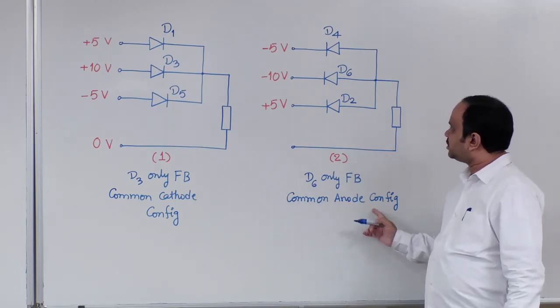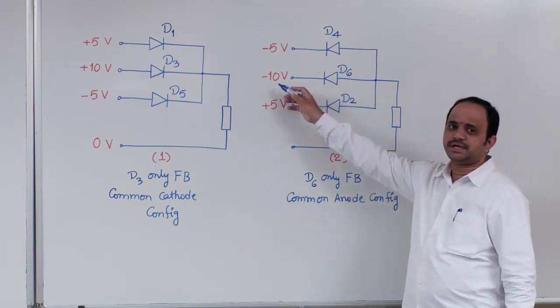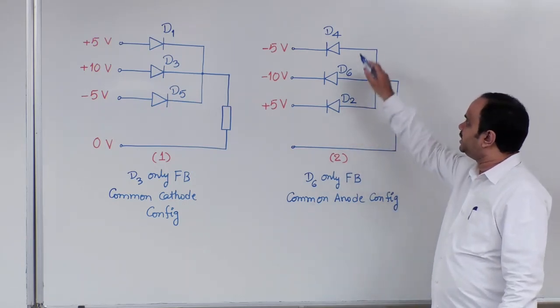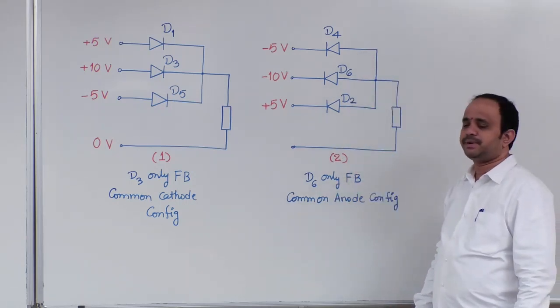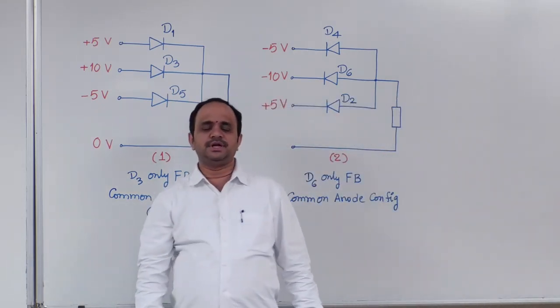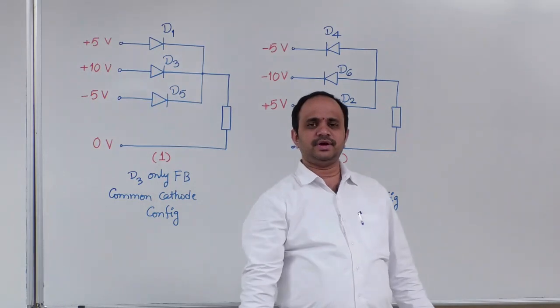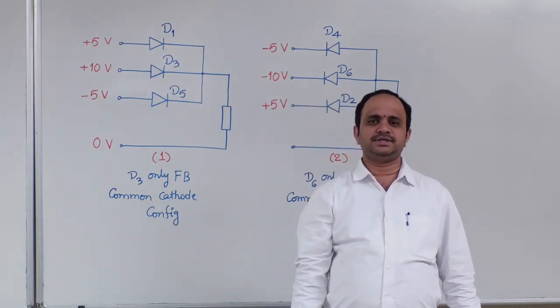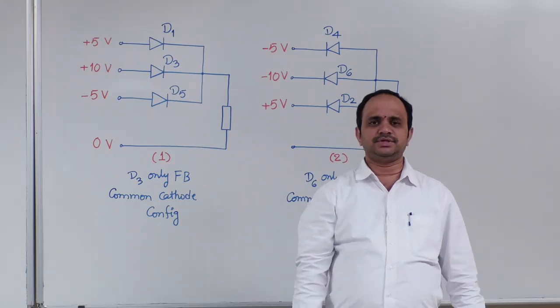Similarly, in common anode configuration, the diode which is connected to the higher negative potential will be forward biased. Remaining devices will be reverse biased. Okay, so this is about the basic concepts in order to start our full wave rectifier analysis. We will see full wave rectifier analysis in the next lecture. With this, I will conclude this lecture. Thank you.